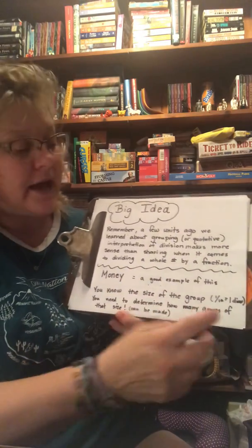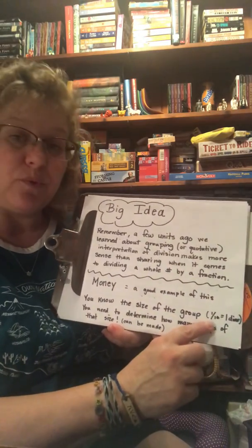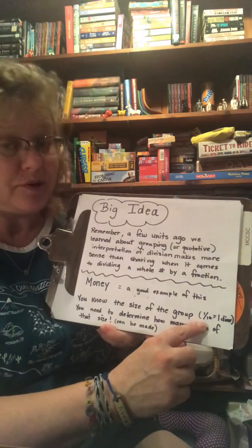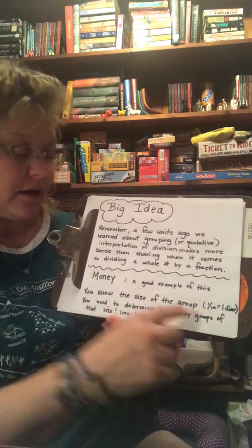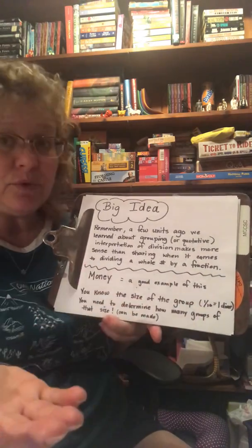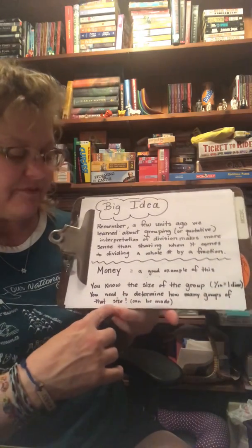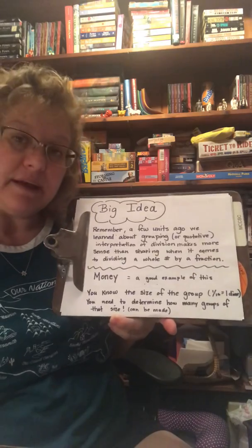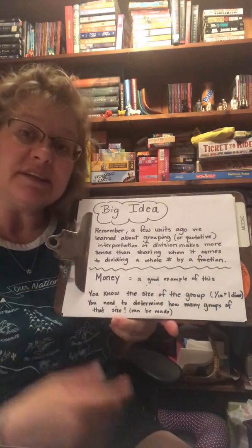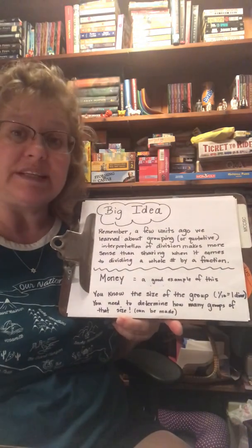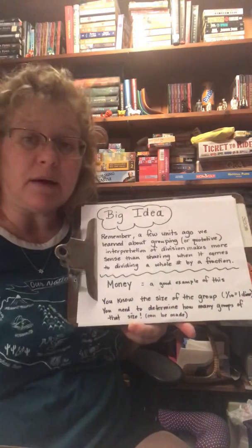For instance, I knew that 1 dime was worth 1/10. And remember, I'm trying to do fractions on here. So 1 dime is worth 1/10. I knew that, right? I just need to know how many groups of that size can be made. So out of $2, it asks how many groups of 1/10 could be made. That was the question.